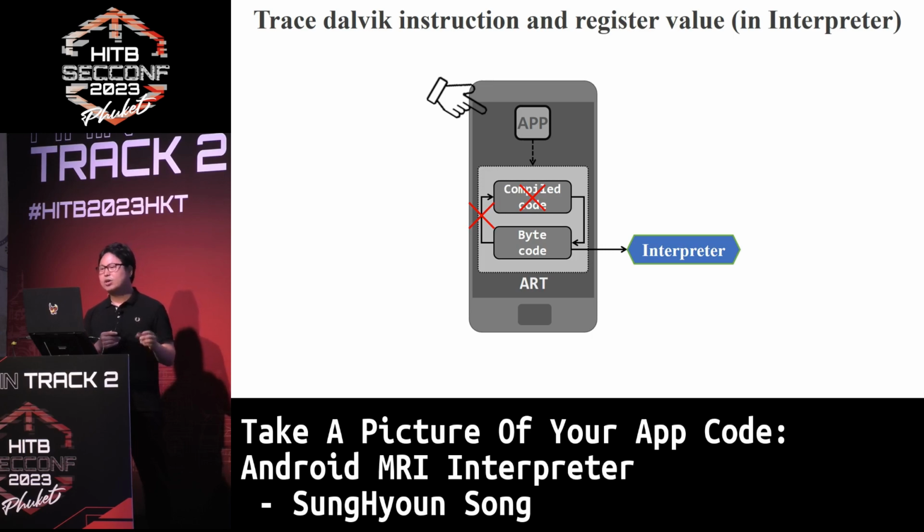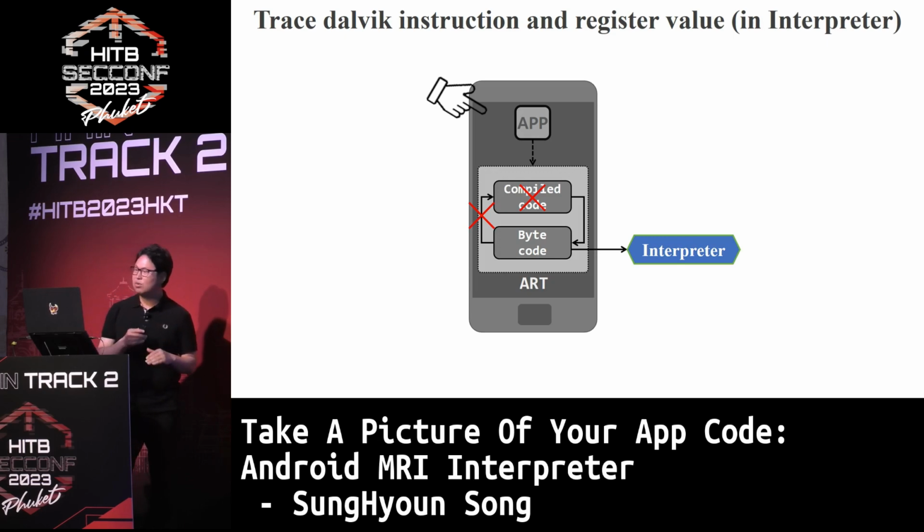In conclusion, in this modified structure, all the code of the app is executed only via the interpreter. Therefore, if you can understand how the interpreter executes code, you may be able to create an MRI interpreter. So we will investigate how the interpreter interprets the code.